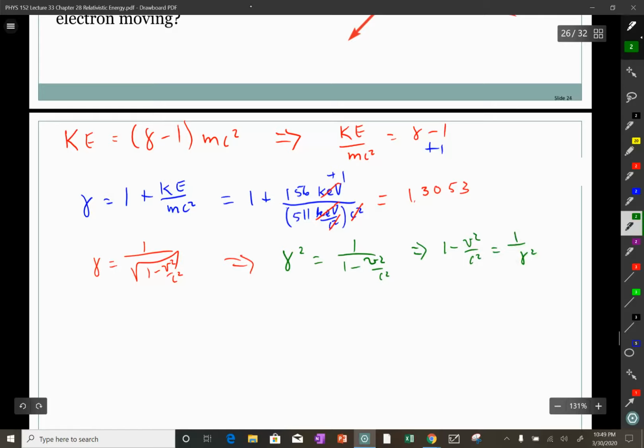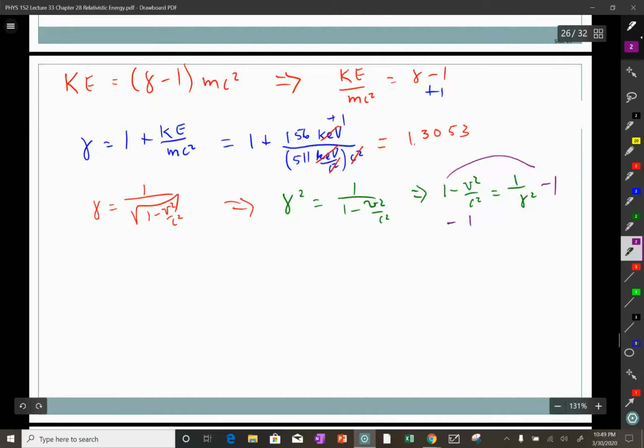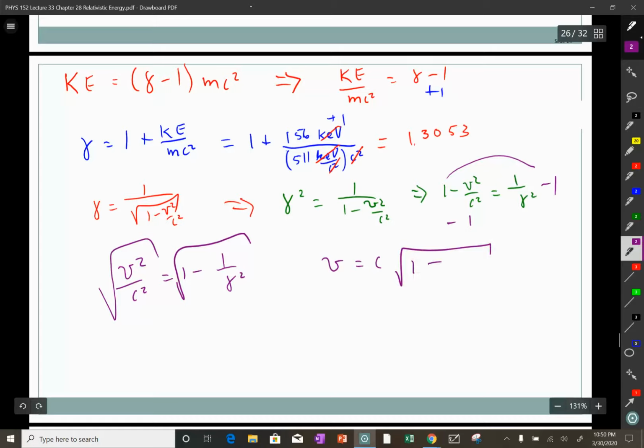Getting close. Now I'm going to move the 1 over here, so I'll subtract 1 from both sides, and then change the sign of everything. So I have v squared over c squared is equal to 1 minus 1 over gamma squared. And finally square root it. And I have v is equal to c times the square root of 1 minus 1 over gamma squared.